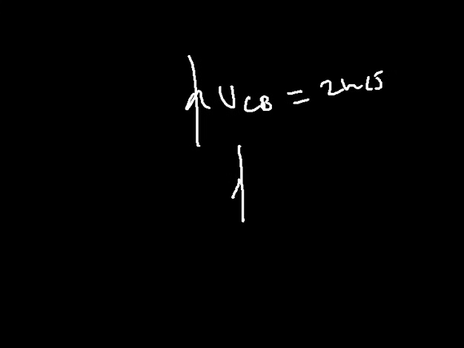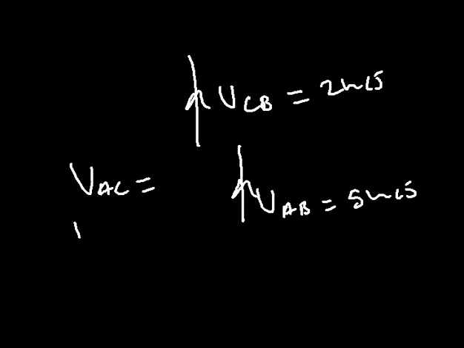And let's say we have another case, with VCB given as 2 meters per second and VAB given as 5 meters per second. What is VAC? VAC is given as VAB plus VBC.